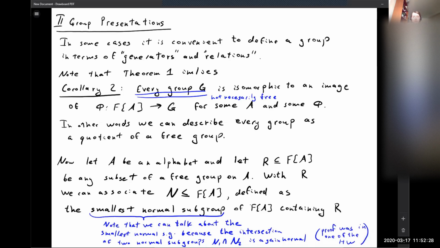So you can basically look at all possible normal subgroups in the free group which contain this subset R, and take their intersection. Because the intersection will be a normal subgroup, there exists the smallest normal subgroup in the free group containing R.